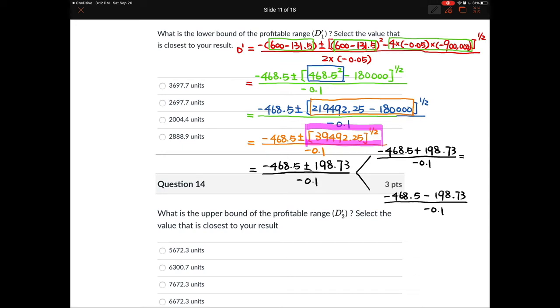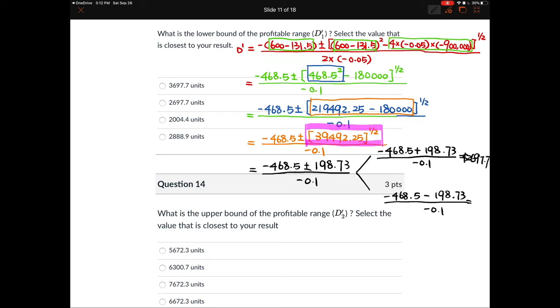Okay, so the equation above will give you the lower bound of the break-even points of the profitable range, okay? So that's gonna be 2697.7 dollars.